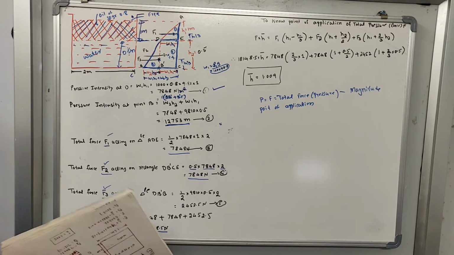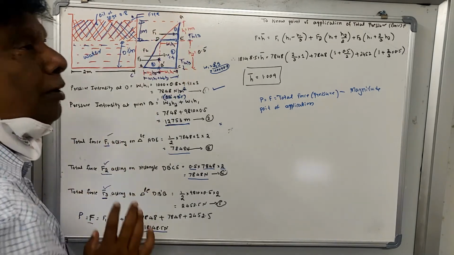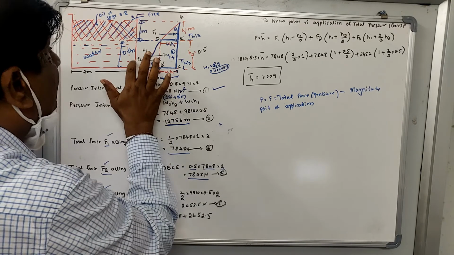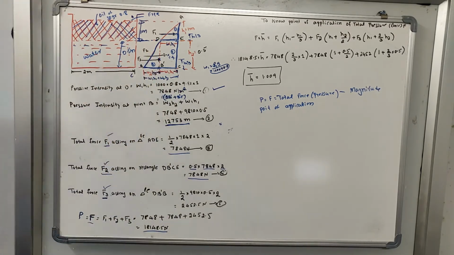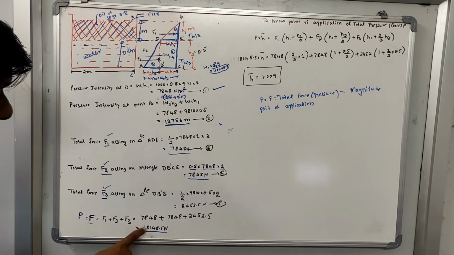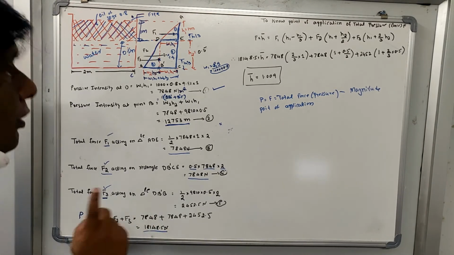The next point is, we know the point of application of F1, F2 and F3, and we also know the magnitude of the total force P or F, which is 18148.5 Newton.